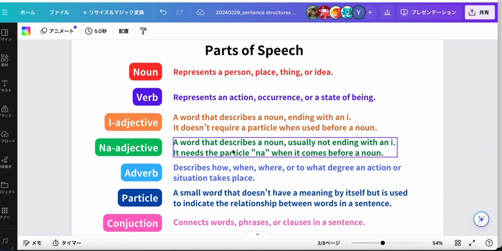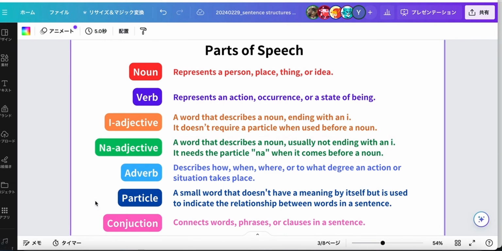And it needs the particle na when it comes before a noun. So we'll show some examples later, after this. But yeah, we got two types of adjectives, and we have two types because they have different rules for conjugation. So we'll get to it.